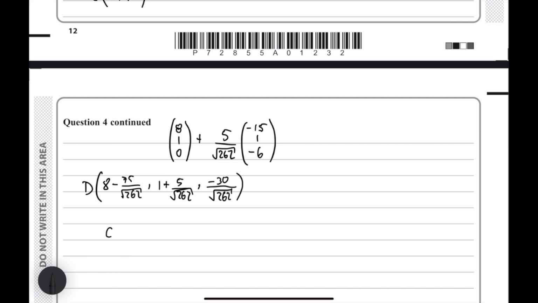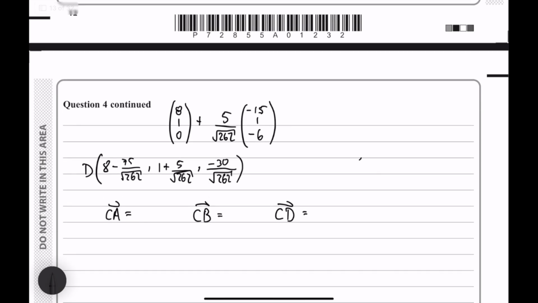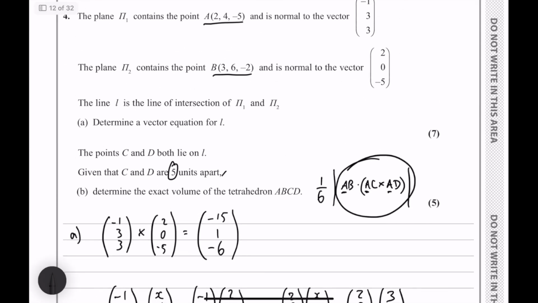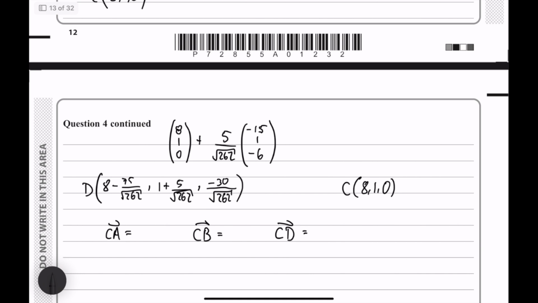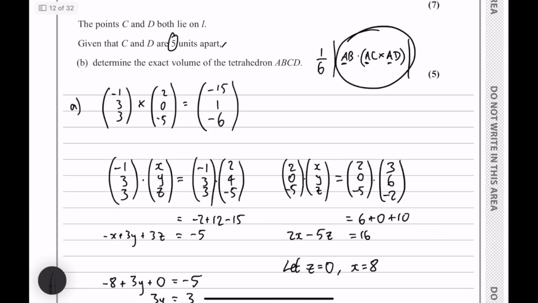So if I use CA, CB, and CD as my 3 vectors, I'm going to need the points. C is 8, 1, 0. B is 3, 6, minus 2. And A is 2, 4, minus 5.